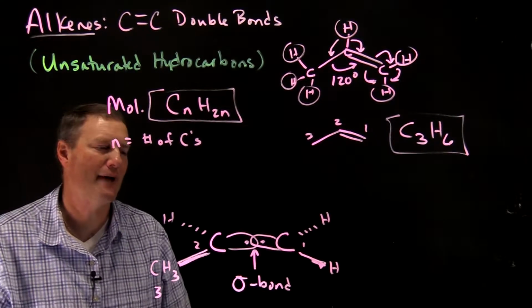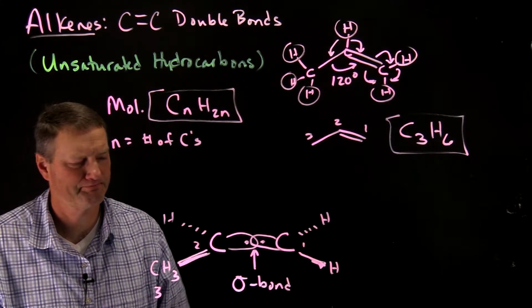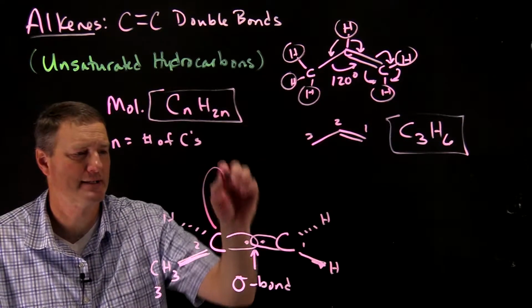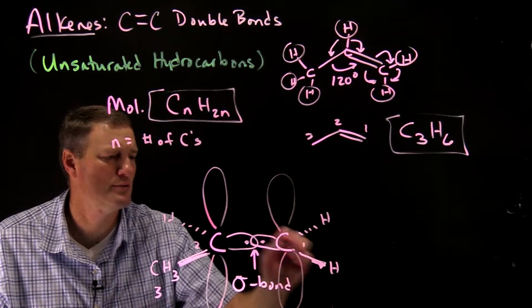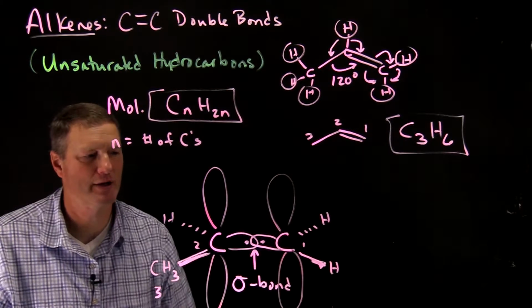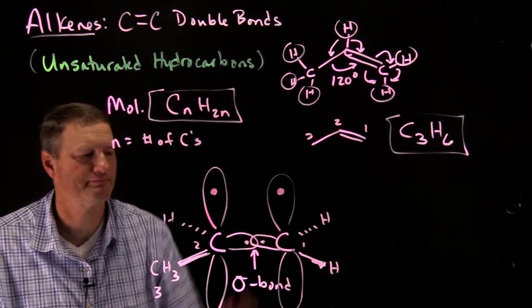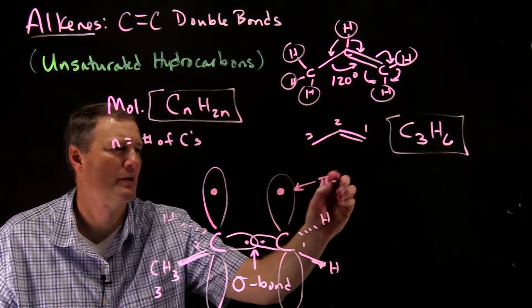But when it comes to alkenes, they have another type of orbital that's going to allow the overlap of 2 electrons, and these are very different. They have a shape that looks like sort of these 2 dumbbells coming off of each of the carbons, and in each of those orbitals there's a single electron. Okay, these orbitals are called pi orbitals.